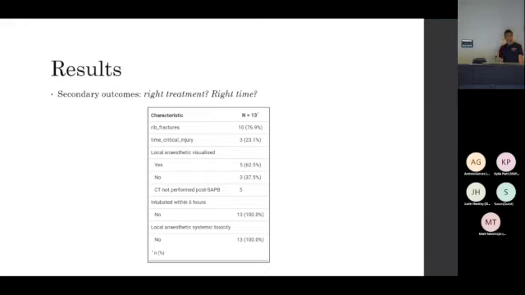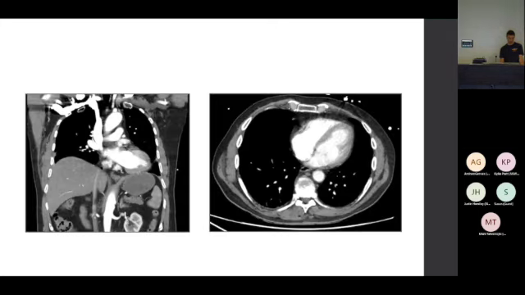One way to identify that was whether the patient required intubation within 6 hours or had any local anesthetic systemic toxicity, both of which were 0. Just in case you were wondering what fluid in the serratus anterior plane looks like, this is what our radiologist was interpreting: you can see hypodense fluid in the serratus anterior plane.